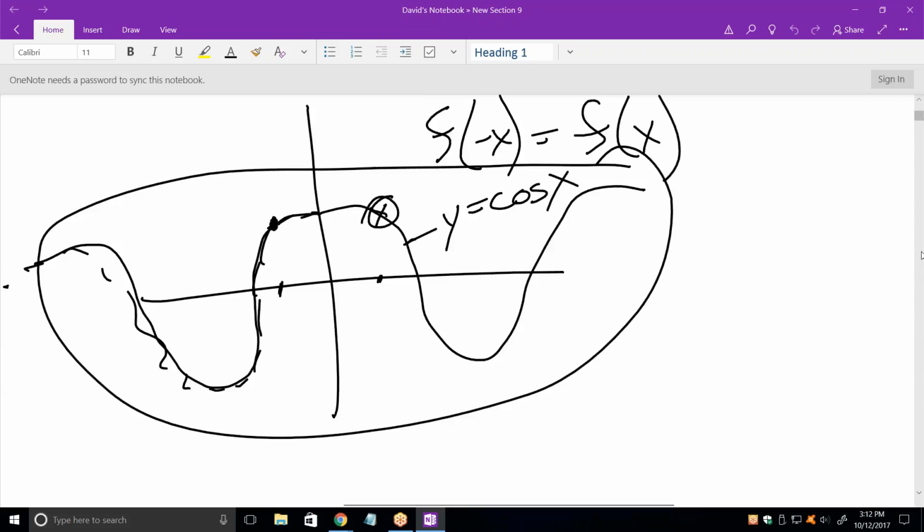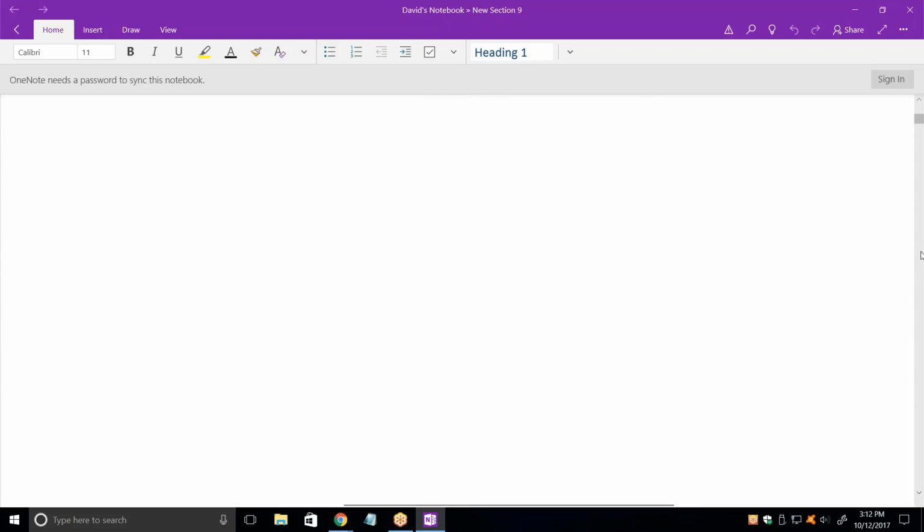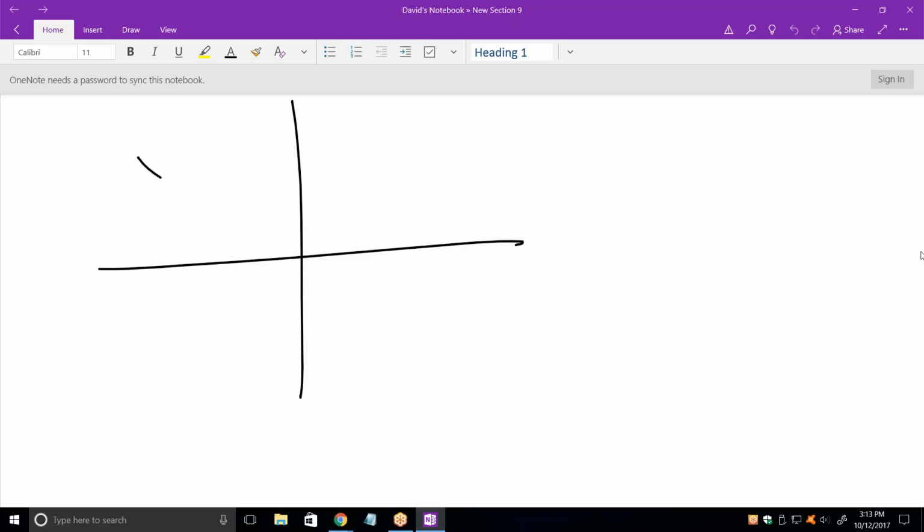What else you got? Let me look. Now, hold on. Let's go back just a moment and look at that one again. So that clearly has symmetry only over the x-axis. It doesn't have symmetry over the y-axis. If I flip that over the y-axis, it looks completely different.